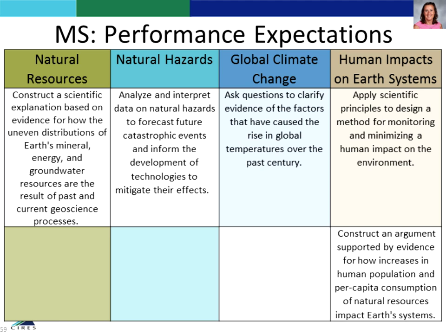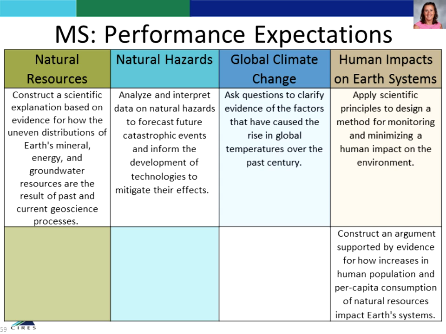And here we move to the middle school level, where students are continuing to think about those things and demonstrate that they can do those things, but also skills and understanding should move on to analyzing and interpreting data. So more of a quantitative approach already, to predicting and forecasting natural hazards, and to developing technologies that can help to mitigate their effects.